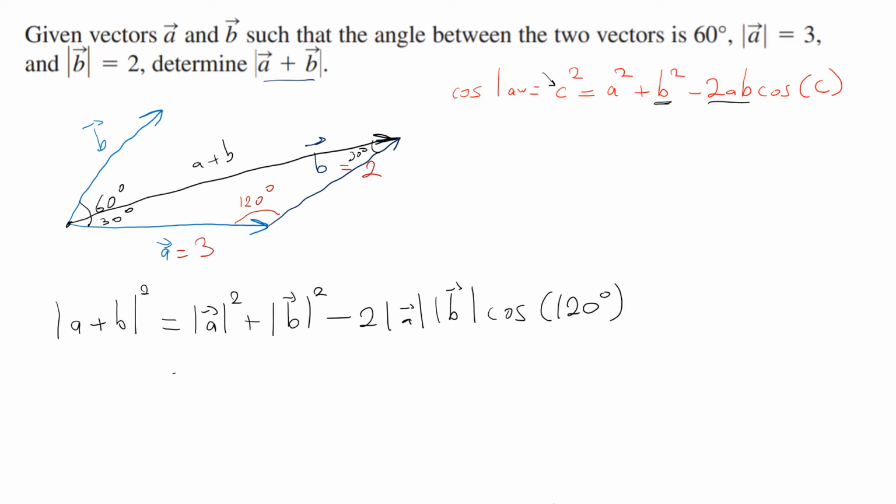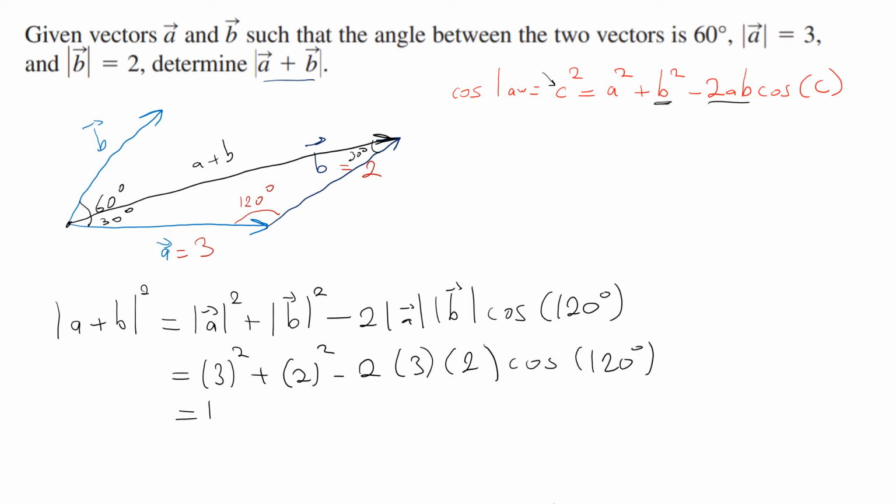Now, because I know my magnitudes, all I need to do is plug that in. I know the magnitude for A is 3, I know the magnitude for B is 2, and the same thing over here. And from here I can just put it into my calculator. I get a value of 19, but that value is when this is squared.